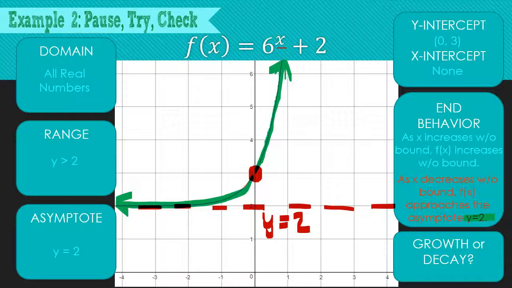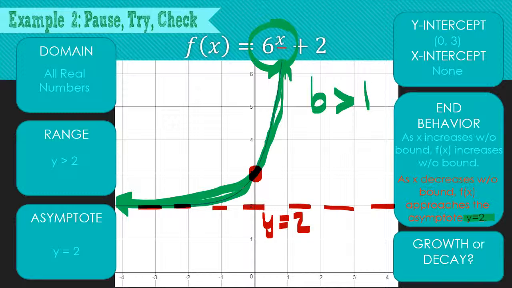This is another example of growth because we are rising from left to right. Also, remember the base: if it's greater than 1, we know that we are growing, and 6 is greater than 1. So we have another example of growth.